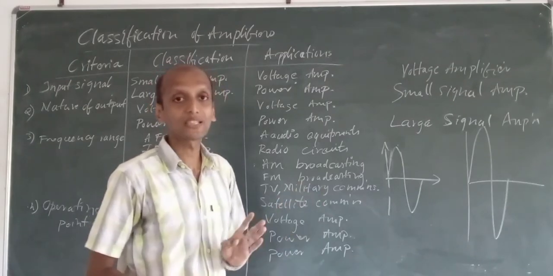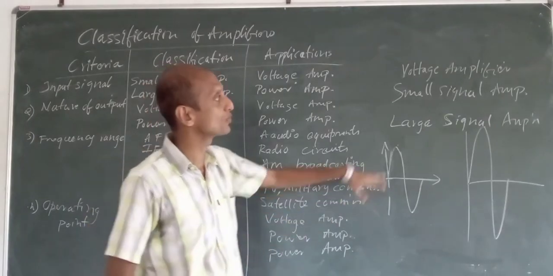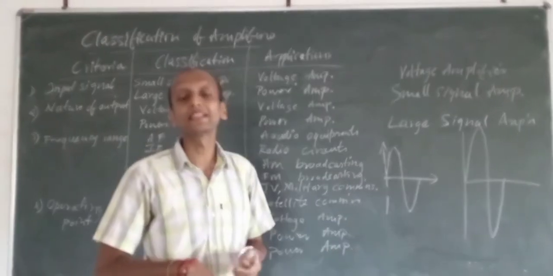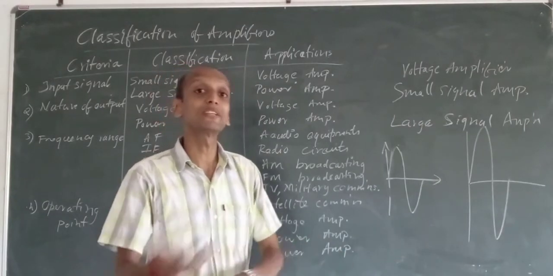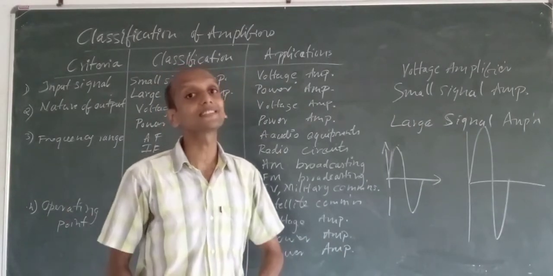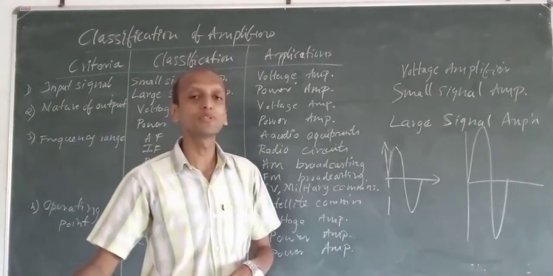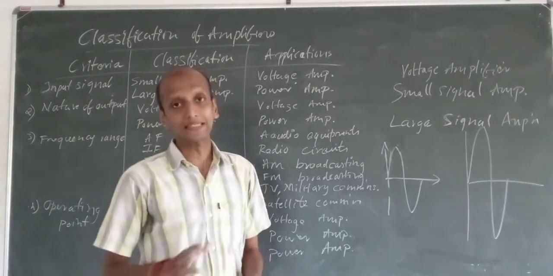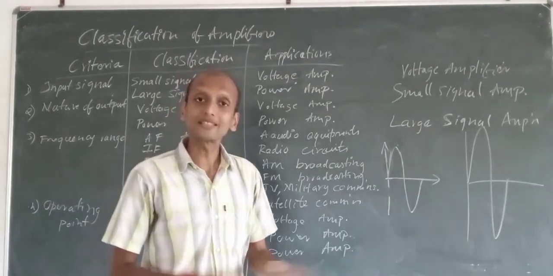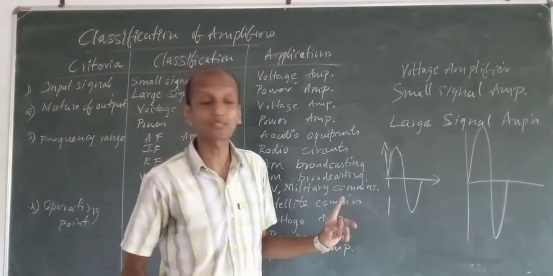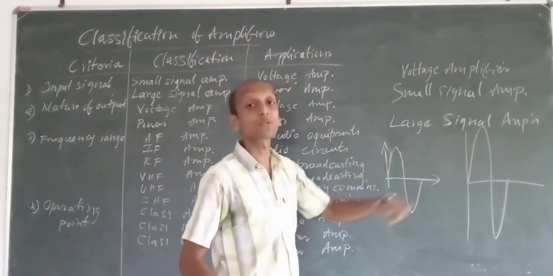And when we have a large signal given at the input, it will be converted into a very large signal at the output. Such amplifiers, large signal amplifiers, are called what?